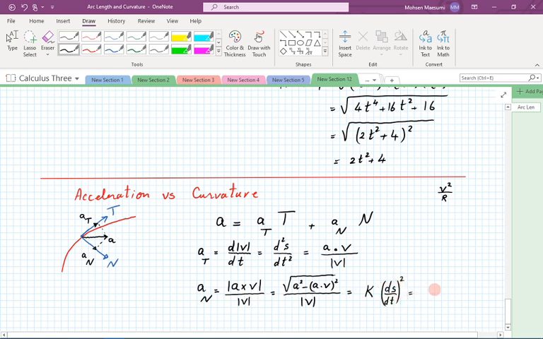So you take the absolute value of your velocity, you square it, divide it by the radius of the curvature if you have it, and that is going to give you a sub n. So if you come across some formulas related to that, you have these tools to go after them.